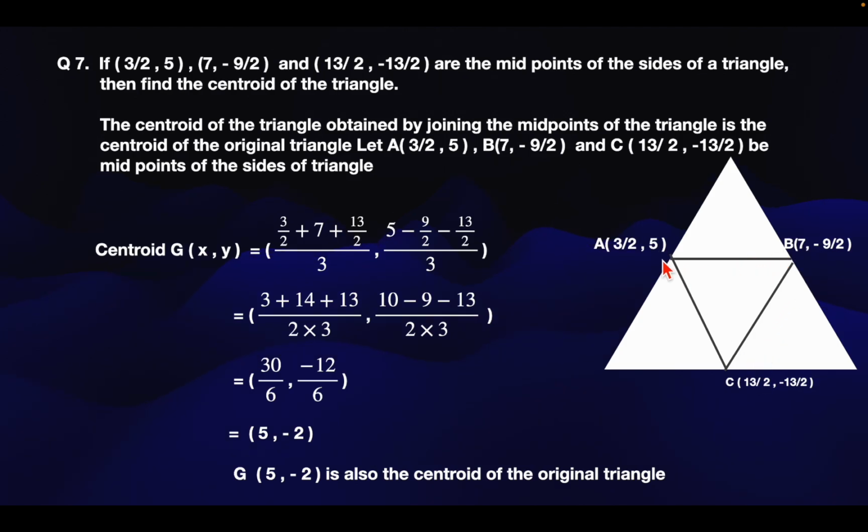Here they have given us the coordinates of the small triangle. We can find the centroid of the small triangle by using the centroid formula, and the centroid that we find is the same centroid for the big triangle also. So once you find the centroid, this is also the centroid of the original triangle.